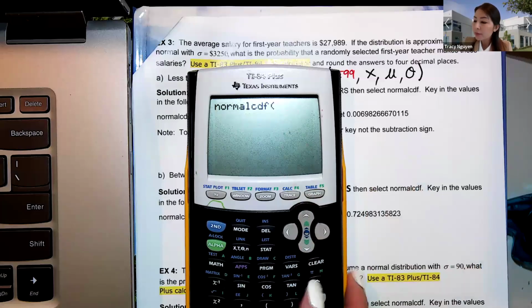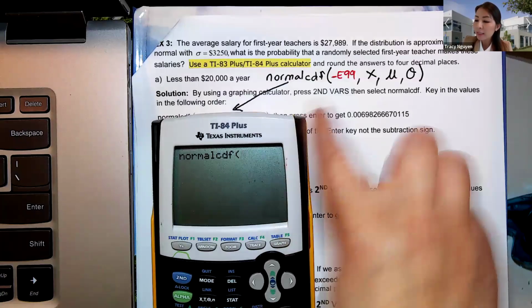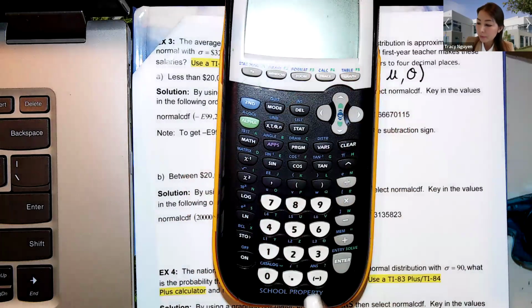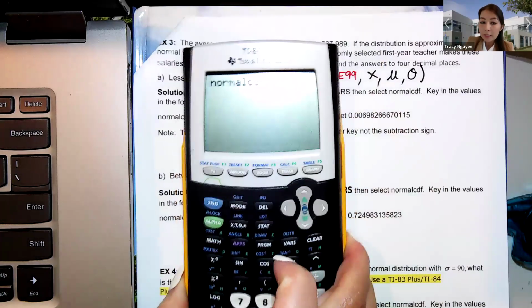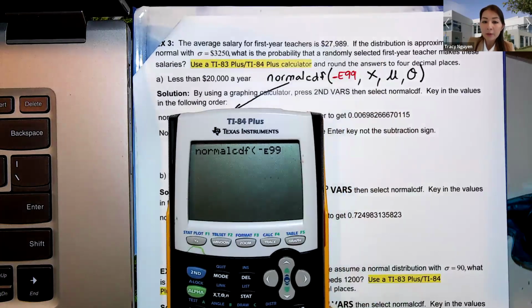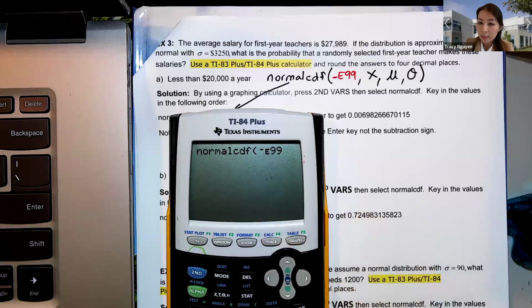The first thing we need for the case of less than is negative E99. To get the negative, you select this key here. For E99, you do second and then the comma key. As you know, the comma key is above number 7, and then you key in 99. Now you see we have negative E99.